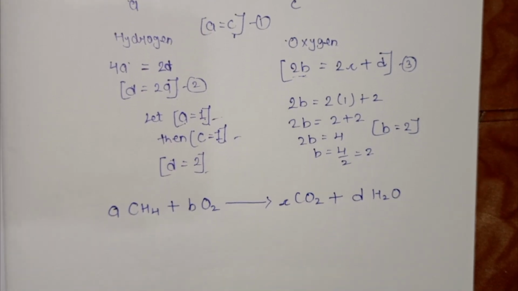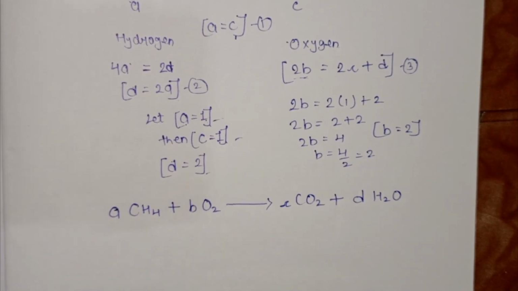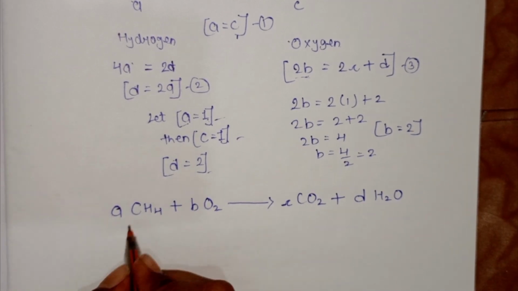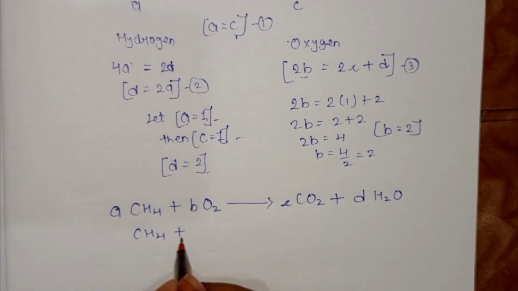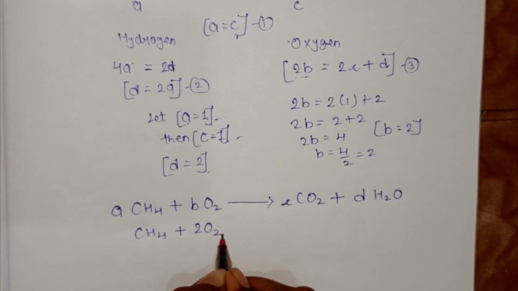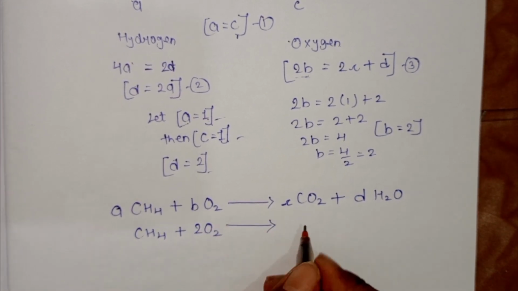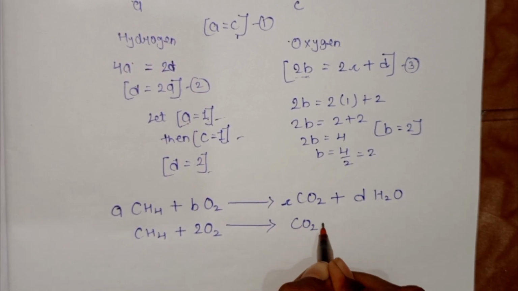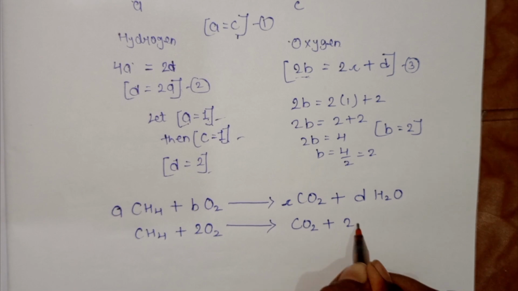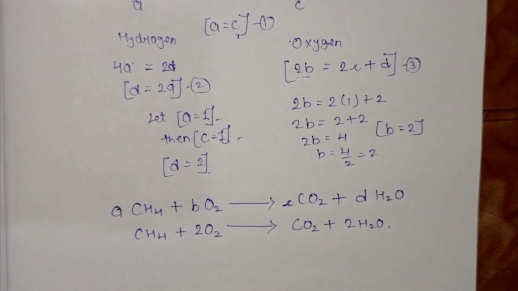On putting the value of all the coefficients in the equation, we'll get CH4 plus 2O2 combines and forms CO2 plus 2H2O. This is now balanced.